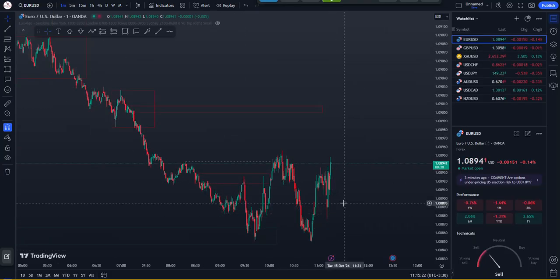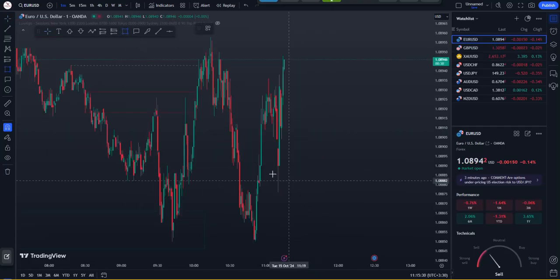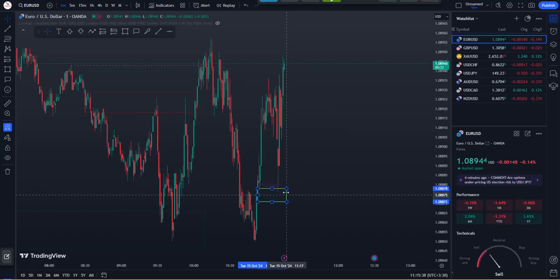So that's great. Reacting to this level. Actually, this one has worked. After that we can see this here, and this one is created here.